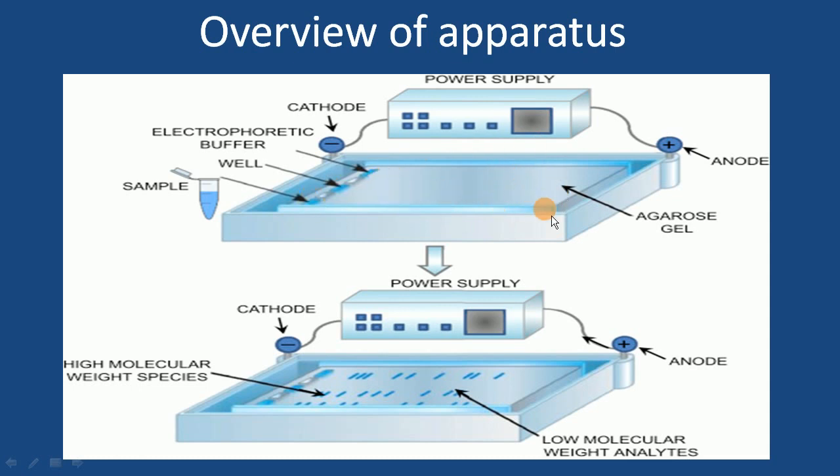So this gel is made up of agarose. Agarose is derived from the algae agar agar. When you supply the power, or when you switch on the electricity, what will happen? Current will flow, right.